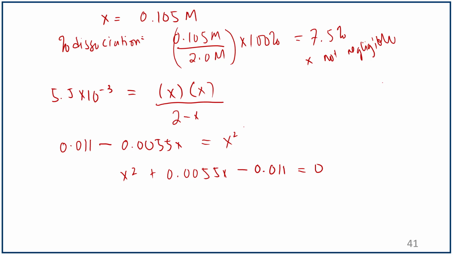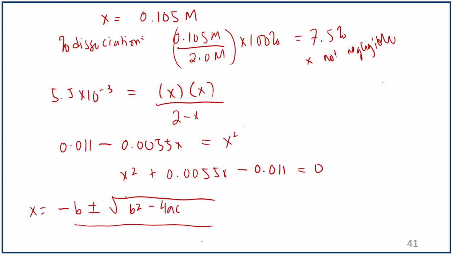Okay, from here, again, the quadratic formula is x equal to negative b plus or minus square root of b squared minus 4ac, divided by 2a. And here we have a equal to 1, b equal to 0.0055, and c is equal to negative, don't forget the negative sign, 0.011. All right, and we can then set up this equation.